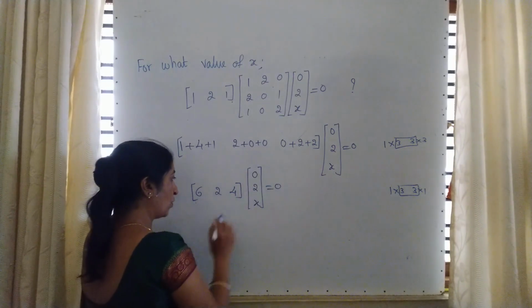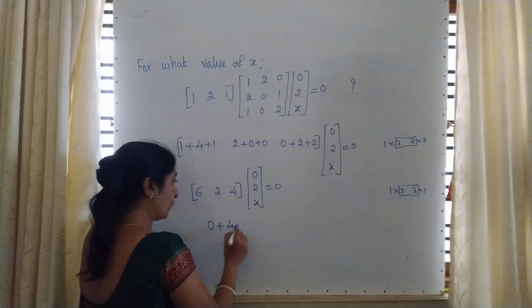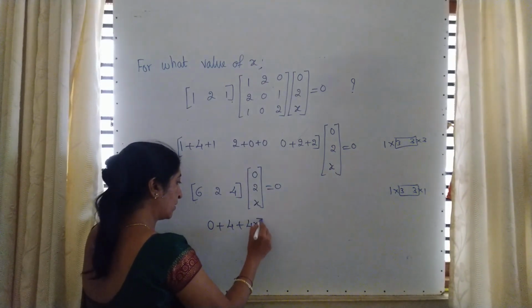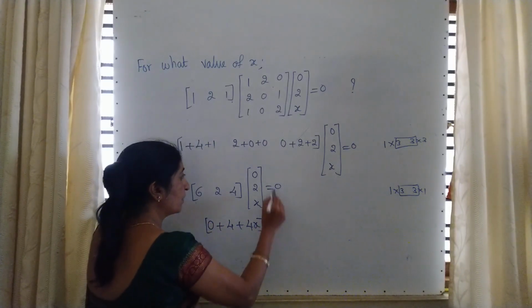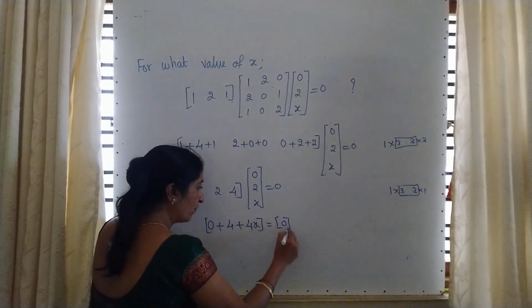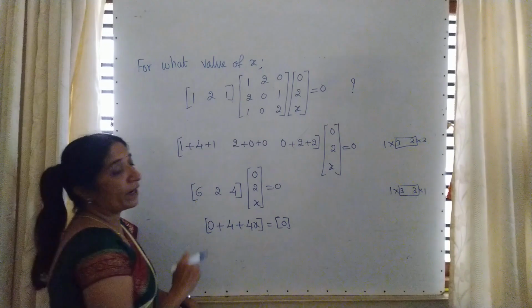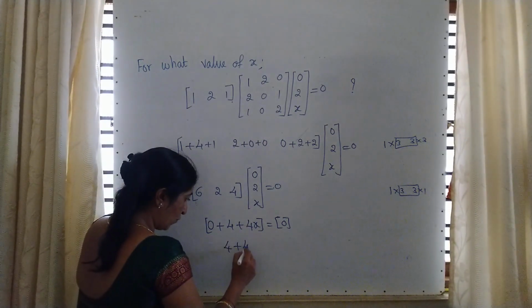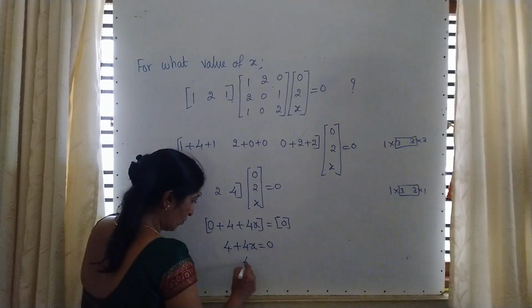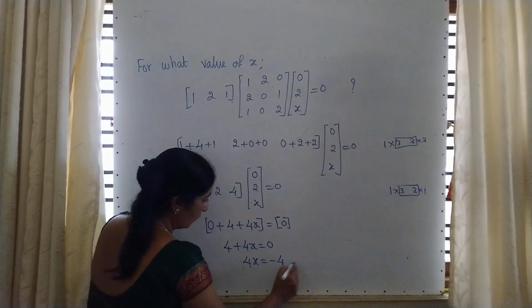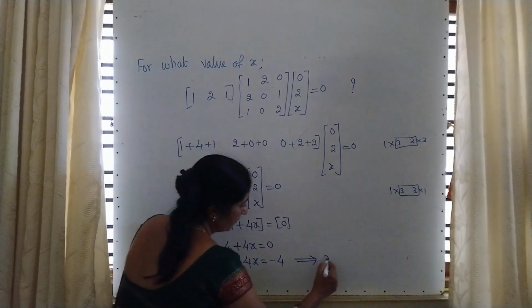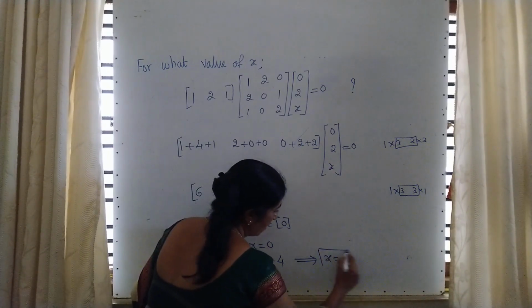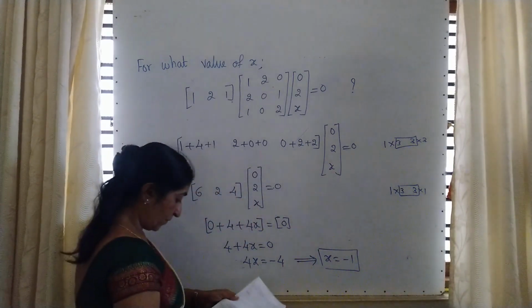One row with one column: 0 plus 4 plus 4x. This 0 I am writing in the form of a matrix because you know that the 0 matrix is denoted by 0. Now solve this. 4 plus 4x is equal to 0. 4x is minus 4. Then what is x? x is minus 1. Is it very simple or what?